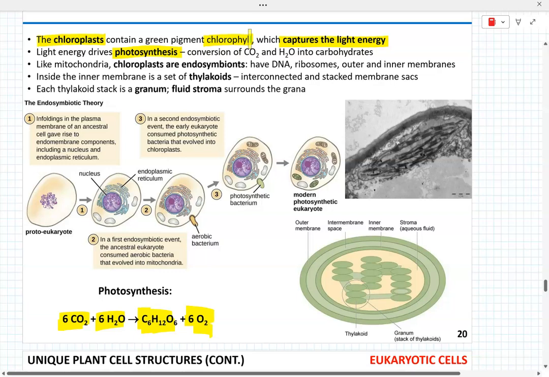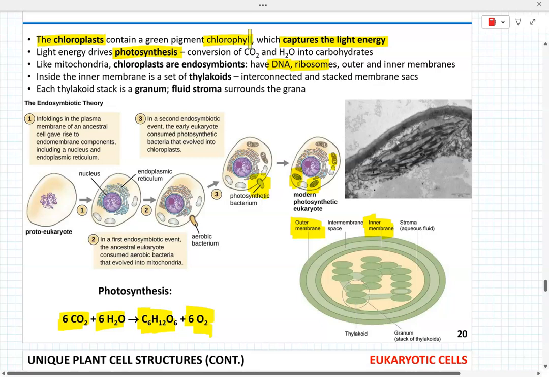Just like mitochondria, chloroplasts are endosymbionts. Here you can see the proto-eukaryote acquiring a photosynthetic bacterium that later becomes a chloroplast. Just like mitochondria, they have DNA, they have ribosomes, and they are surrounded by outer and inner membranes.